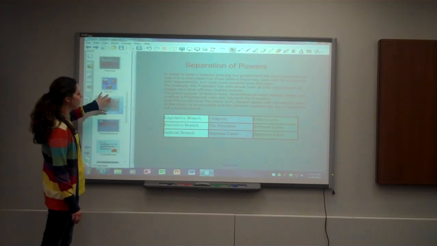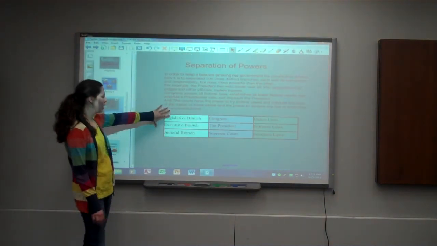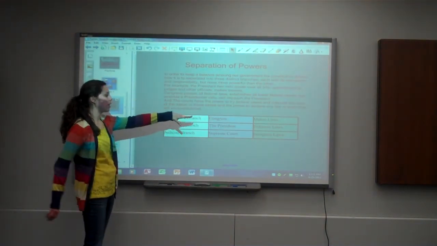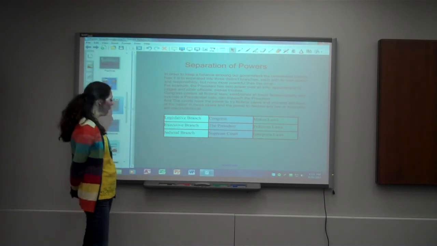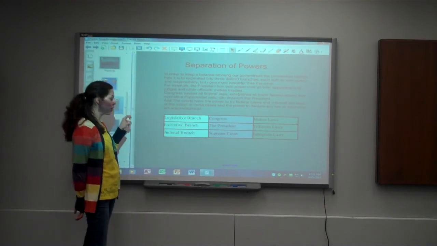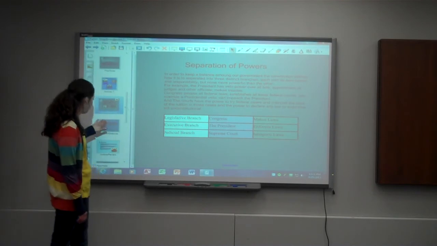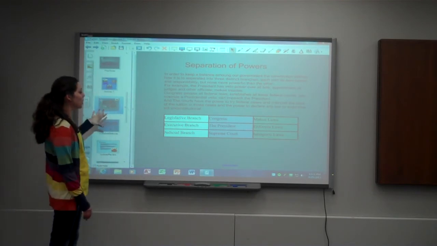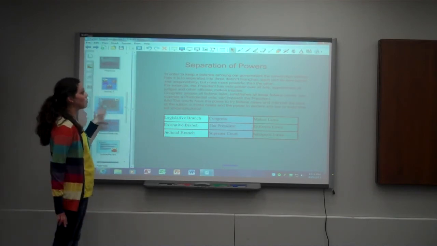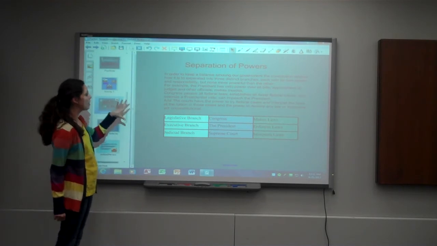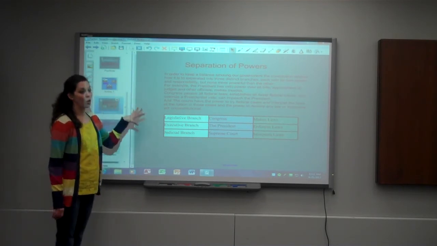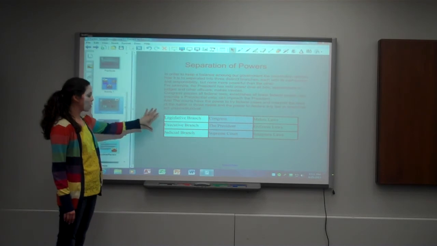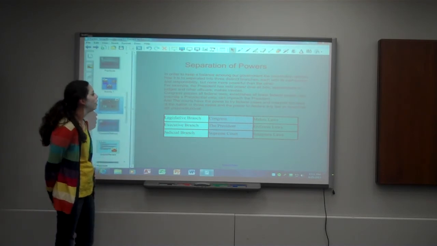So these are the 3 branches: the legislative, the executive, and the judicial. Executive is the president; he enforces the laws, and the judicial branch interprets them after Congress makes them. In order to keep the balance among the government, the Constitution defines in Articles 1, 2, and 3 the powers that each of these branches have.